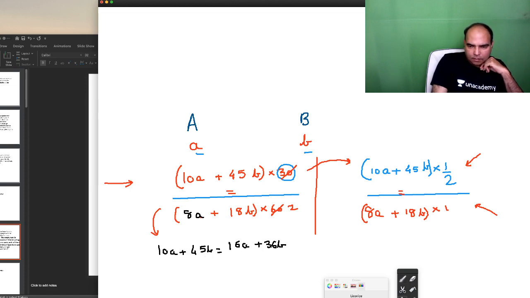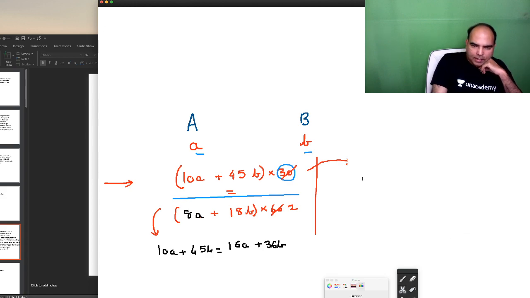And once I get there and I start solving further, what I get is 6A is equal to 9B. So A is equal to 1.5B.